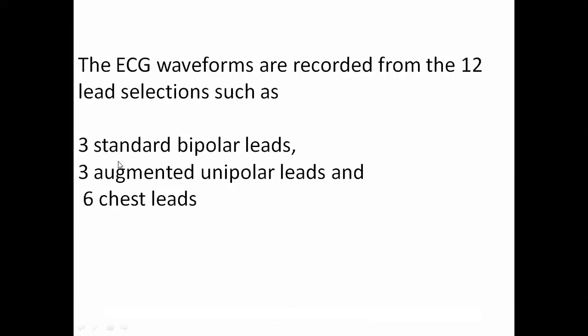From the limb leads, there are three types of limb lead configurations: lead 1, lead 2, lead 3, and three augmented unipolar leads: AVR, AVL, and AVF. Here F means foot. And there are 6 chest leads.